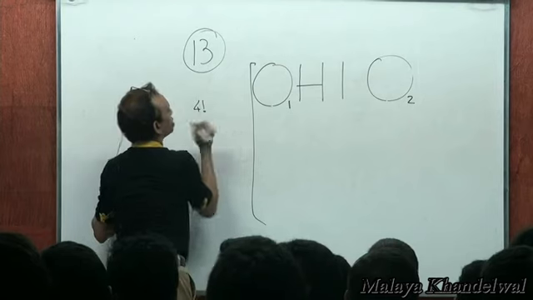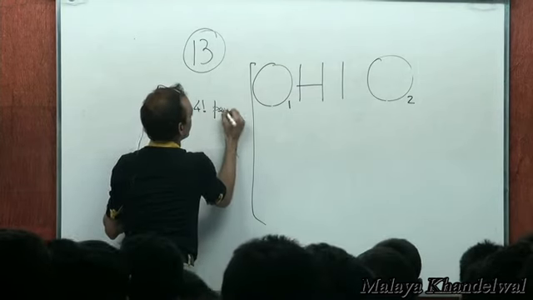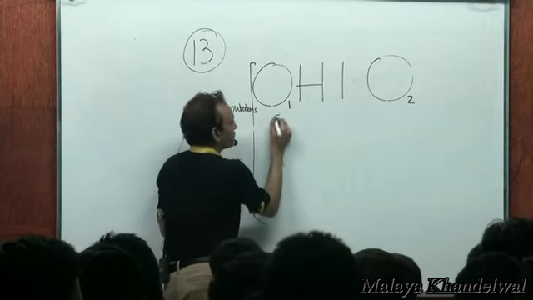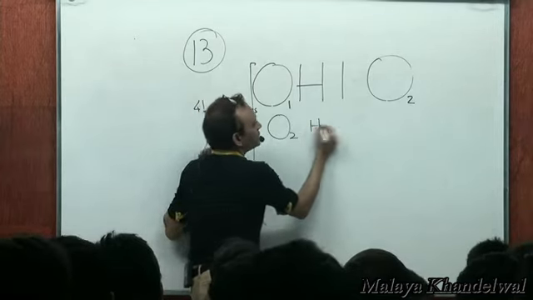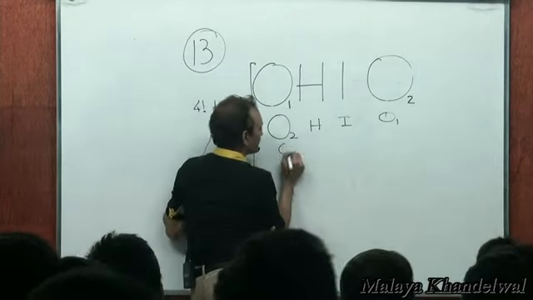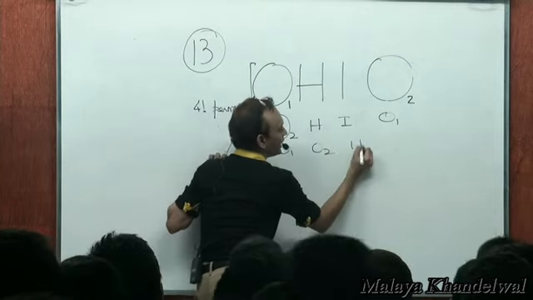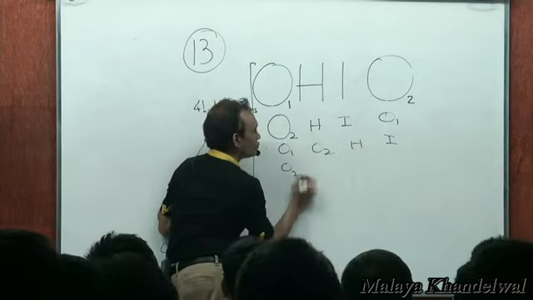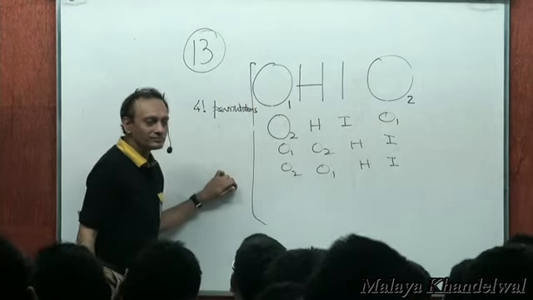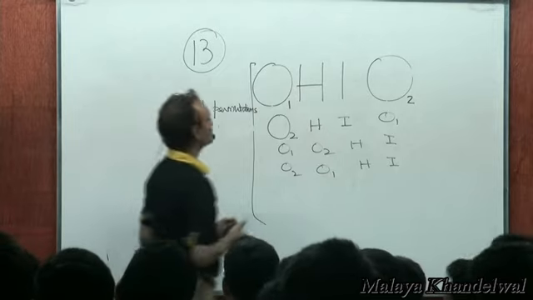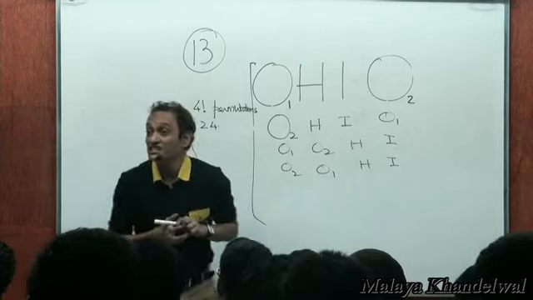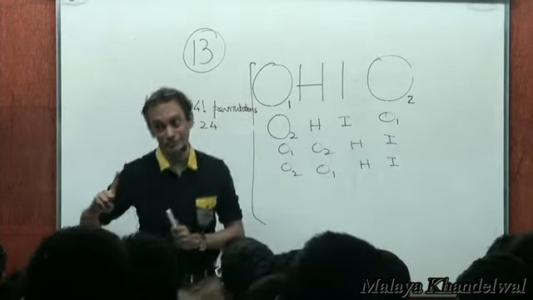That means, for example, I could have created O2, H, I, O1. I could have created, say, O1, O2, HI, O2, O1, HI. Yes or no? Yes, sir. And 4 factorial permutations means 24 on the pretext that O1 and O2 are different.